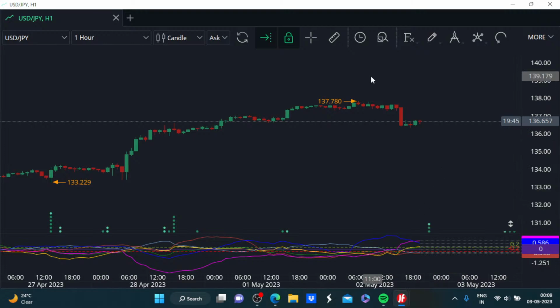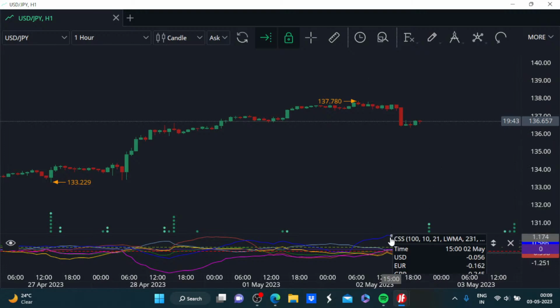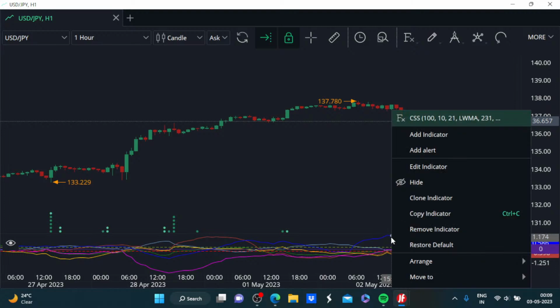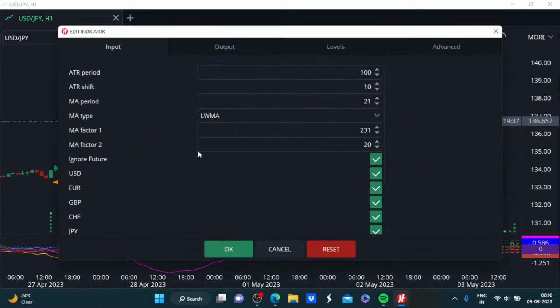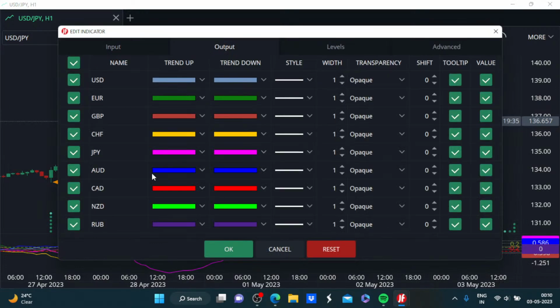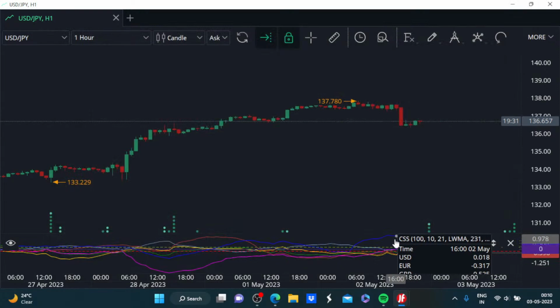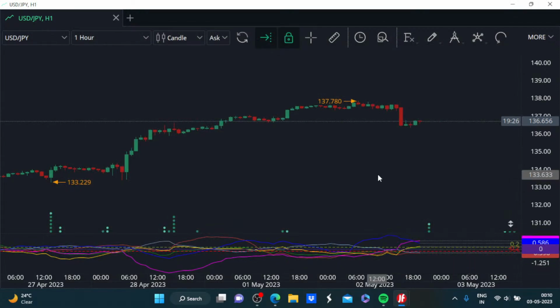Now let's see which particular currency is being represented by this dark blue line. That is AUD. And what this chart is telling us is that earlier in the day, AUD was the most bullish currency. Then it lost its place to the Japanese yen.